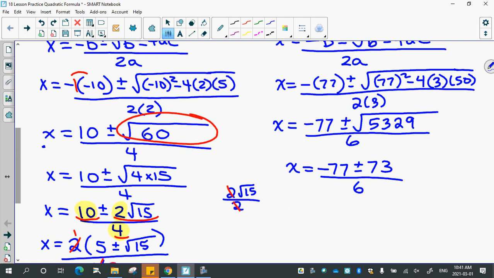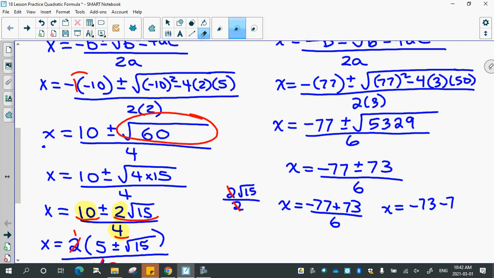Okay, so I have no need to reduce a radical. There isn't a radical. But I wouldn't leave my answer like that because I can actually add 73 to negative 77 and divide by 6. And I can actually subtract them and divide by 6 because they're just numbers, integers.